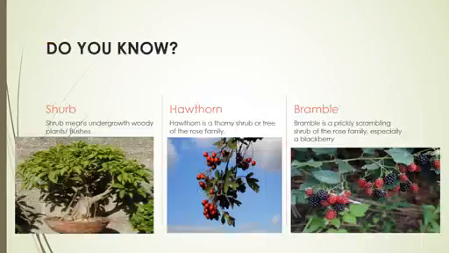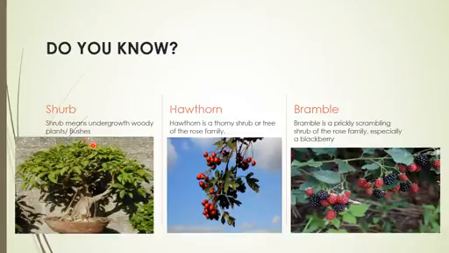When we were discussing the shrub layer, we discussed three different types of shrubs. One we call the shrub, that means the undergrowth woody plant bushes. Like you can see in the picture, there are leaves, and beneath it there is a stem, and above it there is a lot of leaves.